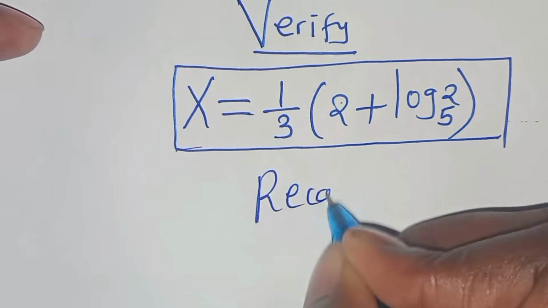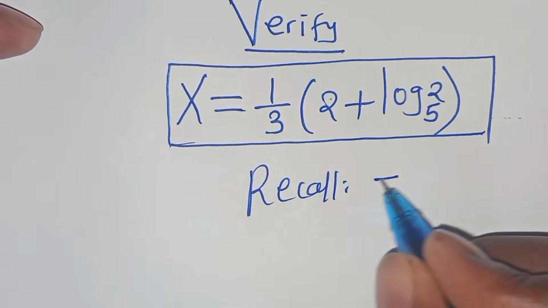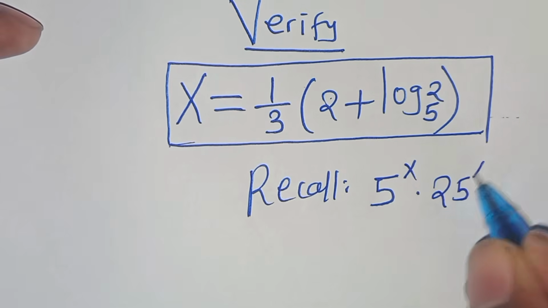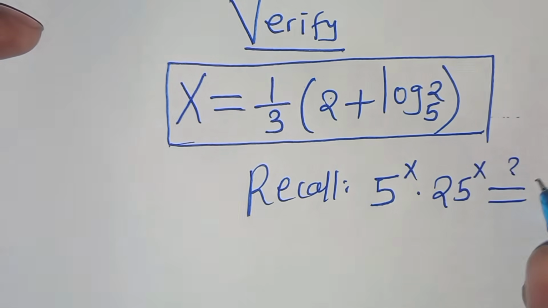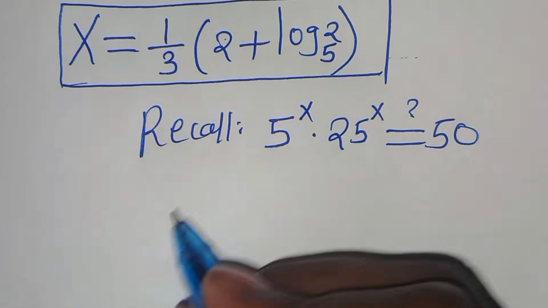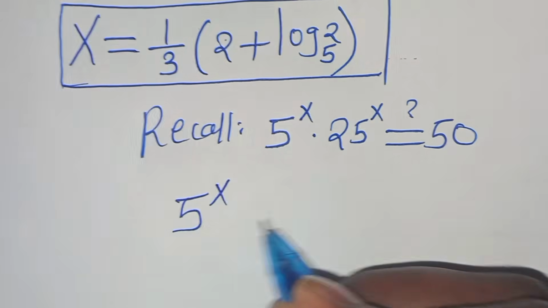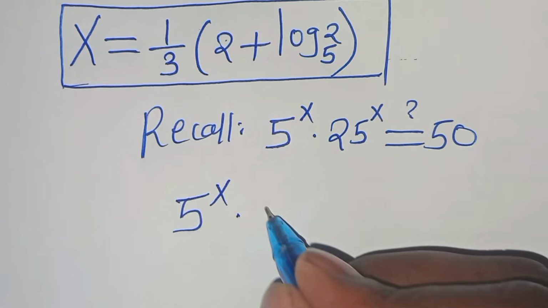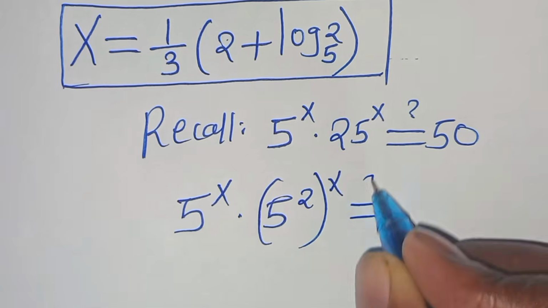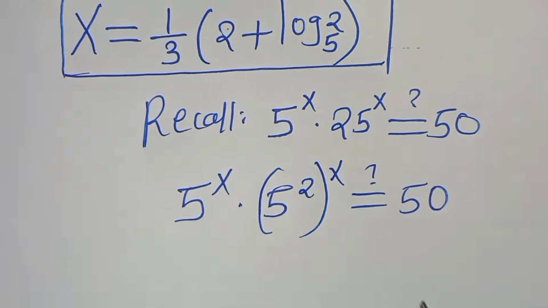If you recall, we have that 5 to the power of x times 25 to the power of x. This is supposed to give us a value of 50. So this means this is 5 to the power of x times 25. This is 5 to the power of 2 raised to the power of x. This is supposed to give us a value of 50.